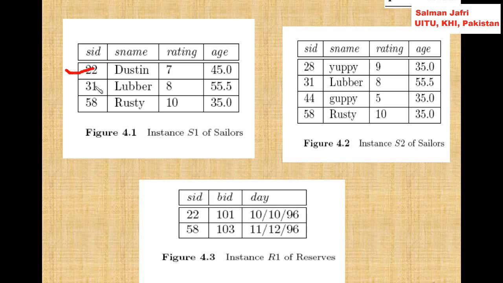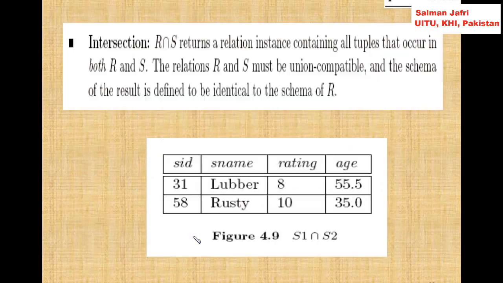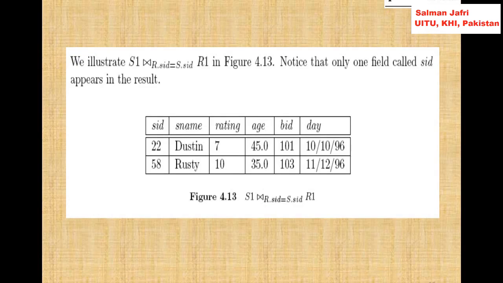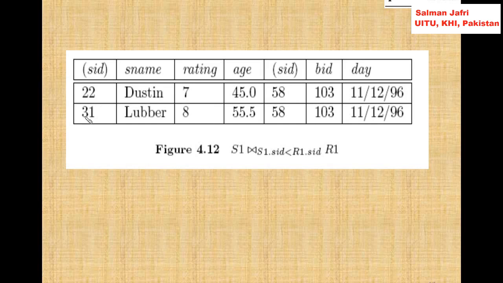So basically this would be one combination. Then for this one, S1.SID is not less than, so it won't be selected. 22, 58 and 31, 58 are the two rows that would be selected. So 22, 58 and 31, 58 is selected. Okay, so that's the answer.